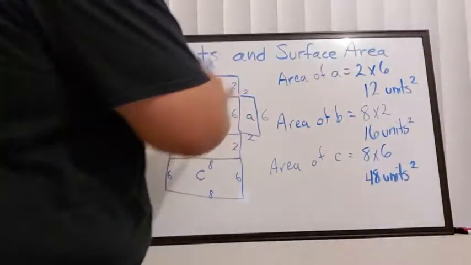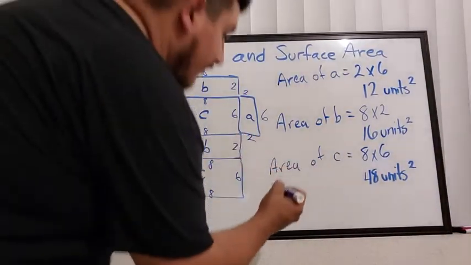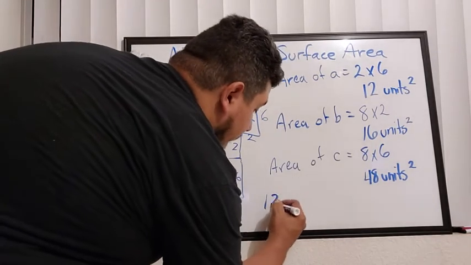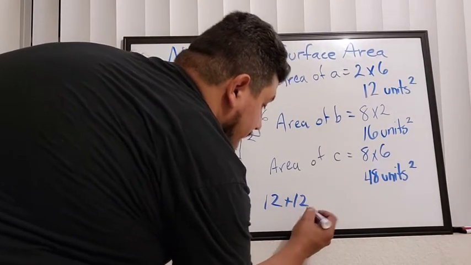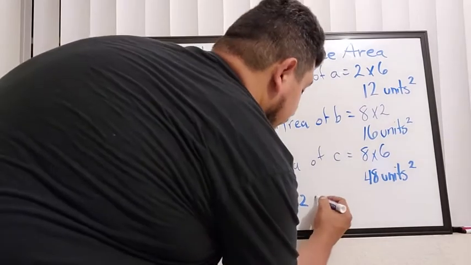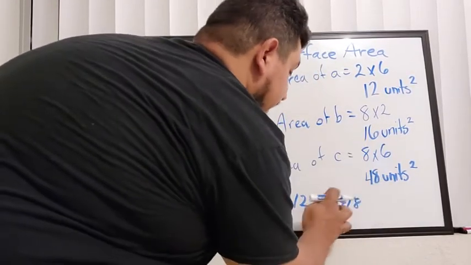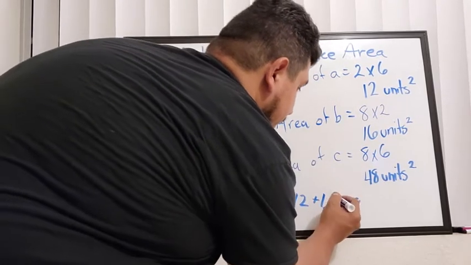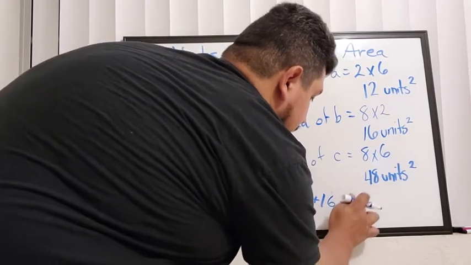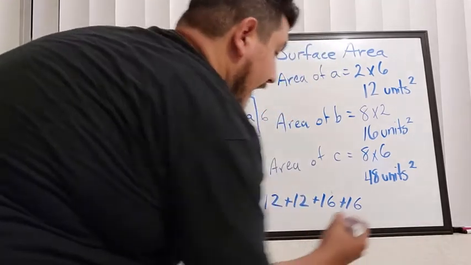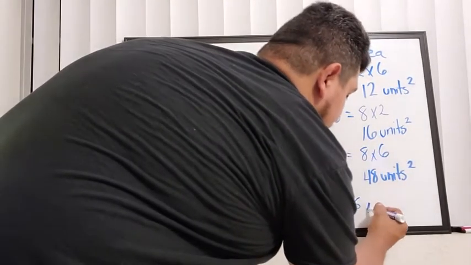In order to find the total surface area, we got to remember that we have 2 A's, which is 12 plus 12, 2 B's, which is 16 plus 16, and 2 C's, which is 48 plus 48.